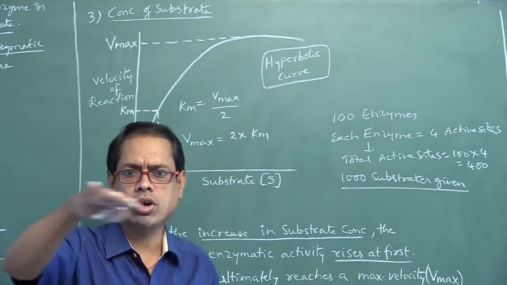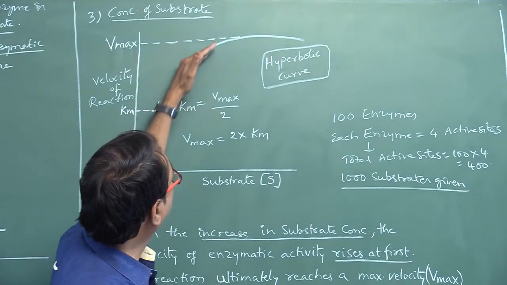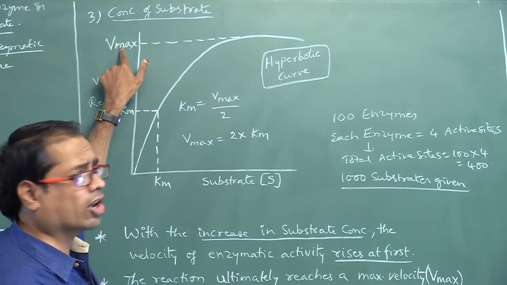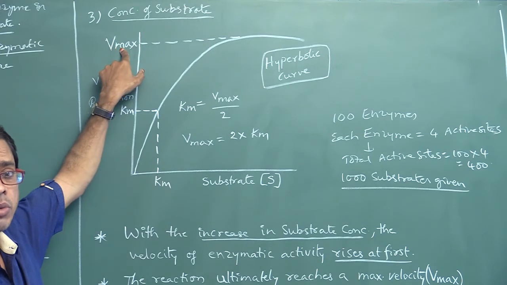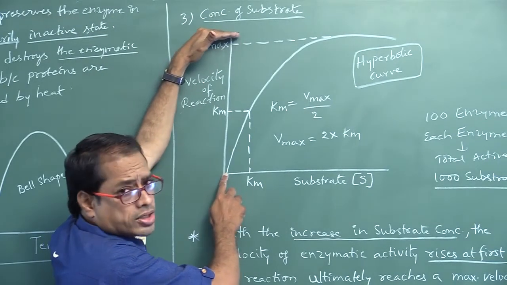So it increases at first and then it becomes constant. This is called the maximum velocity. From here to here, this is called the maximum velocity.